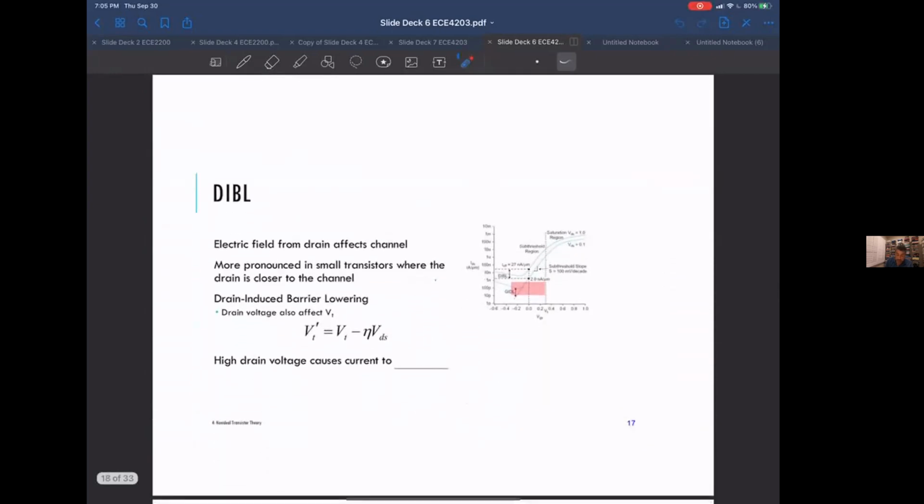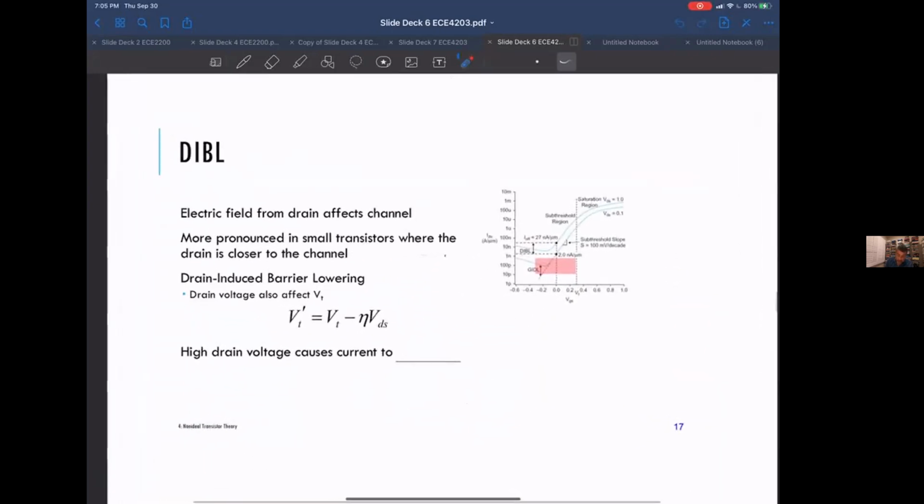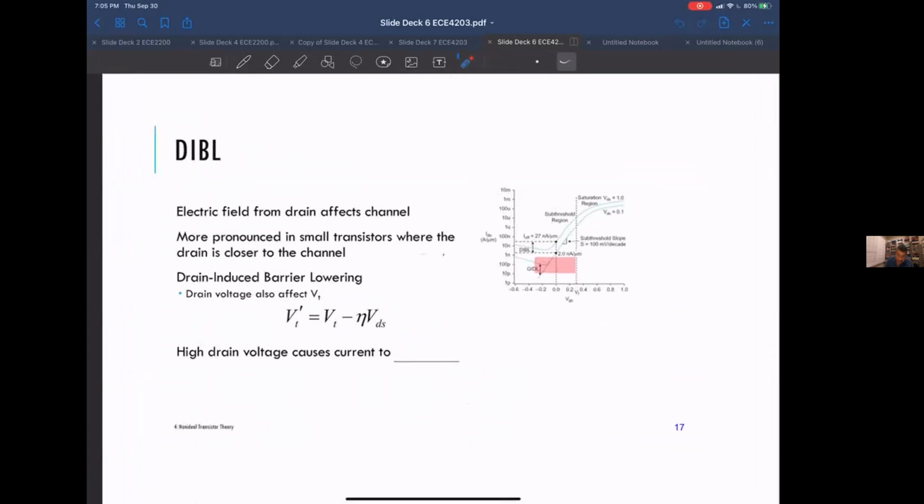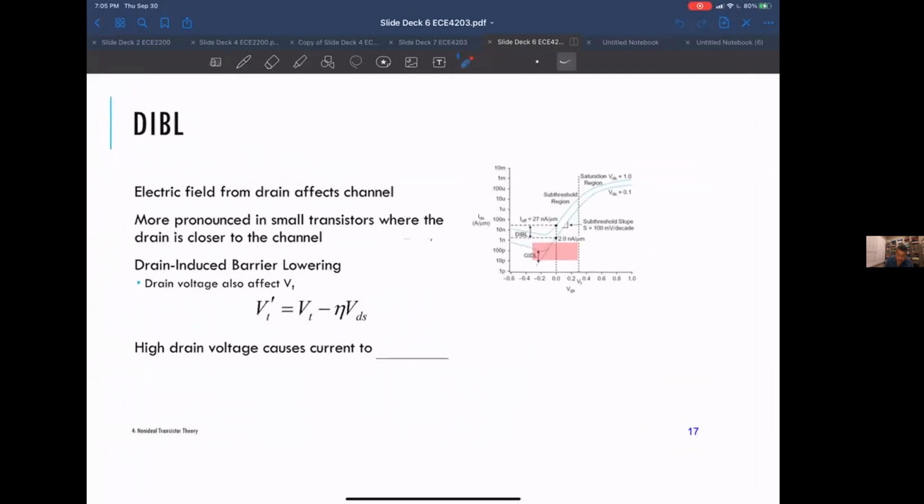It's very normal. The second thing, which you probably see less of, is something called drain-induced barrier lowering. So what does that mean? One way to think about it is, just drawing our transistor: this is the oxide, this is the poly.